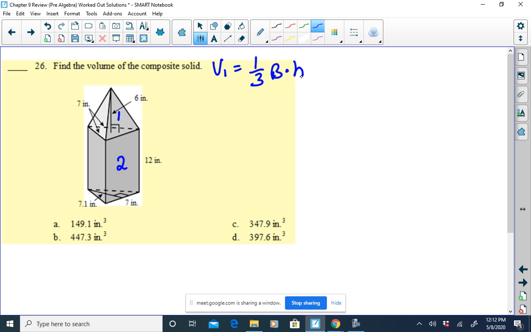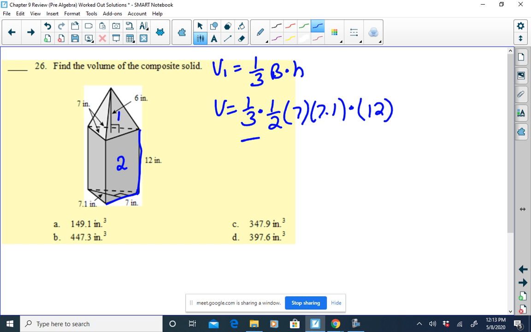So that's going to be 1/3 times the base area, and because it's a triangle, that's 1/2 base and height, which looks like 7 times 7.1. But then we have to multiply that by the h there, which is 12. So this is your base area, and this is the height for volume 1.